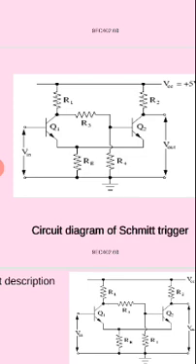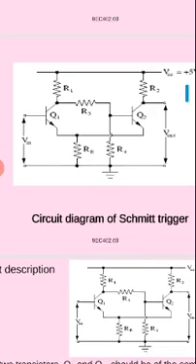The resistors R1, R2 provide DC biasing. R4 is connected in between base of the transistor Q2 and ground.